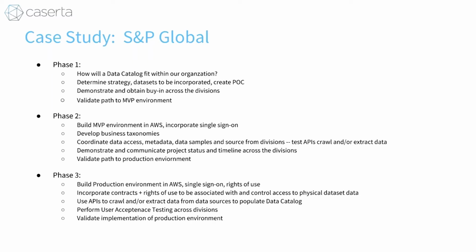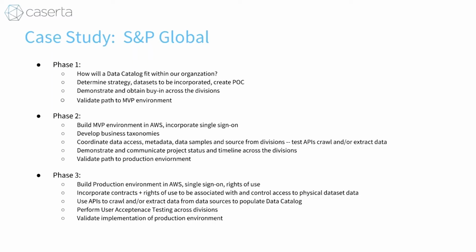As we took that POC and demonstrated that across divisions, we started to get buy-in into that environment. As those divisions provided feedback, we built that out into the POC and prioritized those requirements to include in a path to create an MVP.